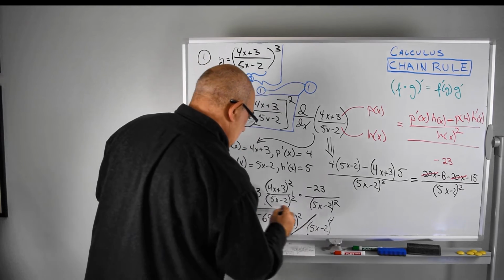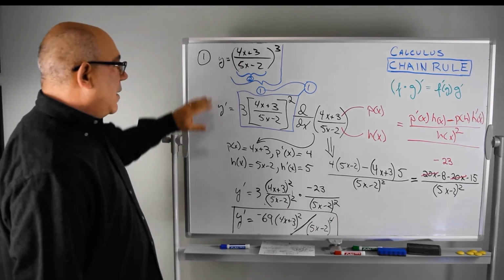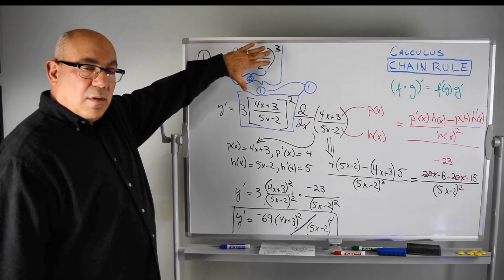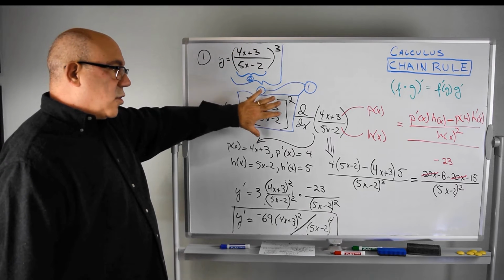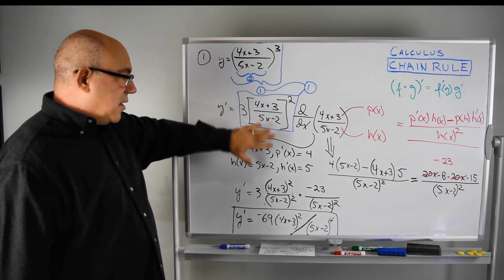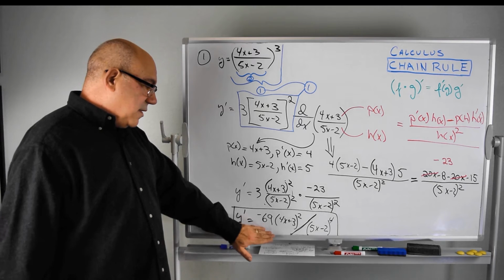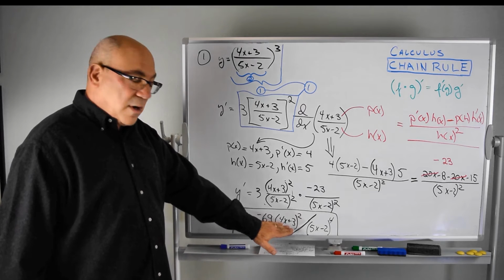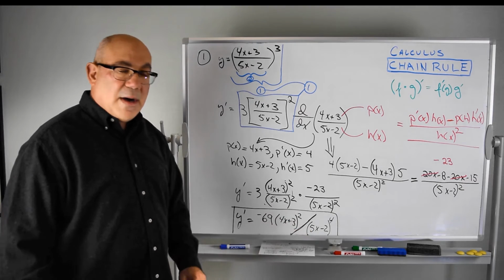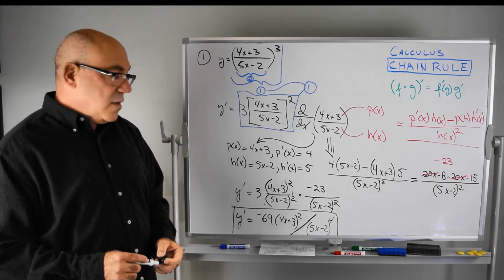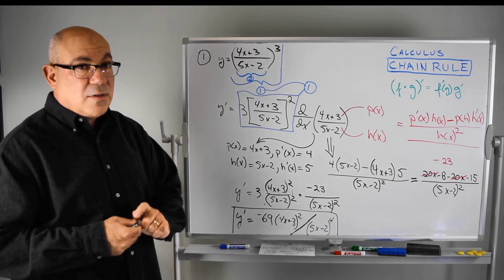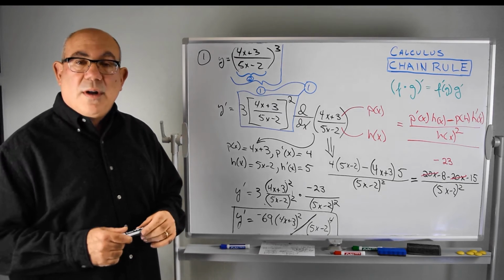And that's our answer. So we were able to use the chain rule, and then we were able to use the quotient rule to solve the second part of the derivative. And then we got this answer here, which is minus 69 times the quantity 4x plus 3 squared divided by 5x minus 2 to the 4th. And that's our answer. Now I'll erase this and we'll go on to our second example.